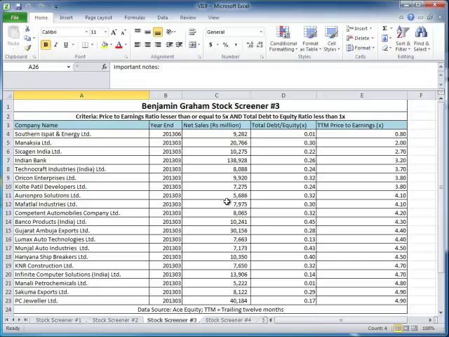Okay, and we've also removed the highest debt to equity ratio companies. So this is the same type of criteria that we had in the first stock screener for filtering additional stocks. And the reason we apply these is that you still end up with a very large list with just the initial criteria. So you need an additional filter to narrow the list down.